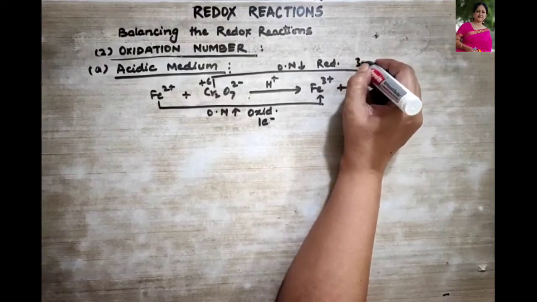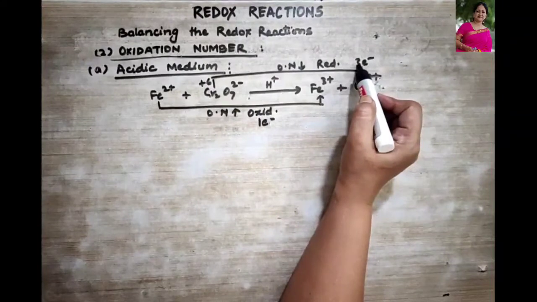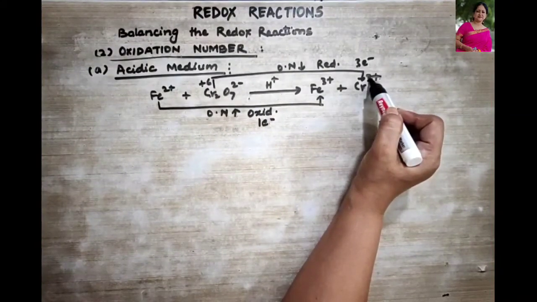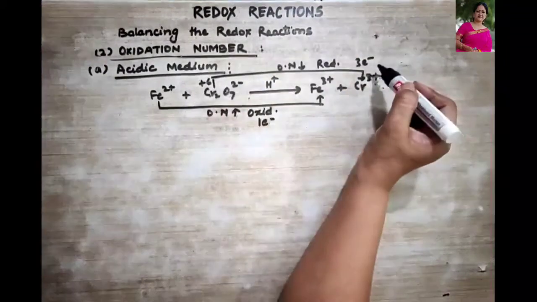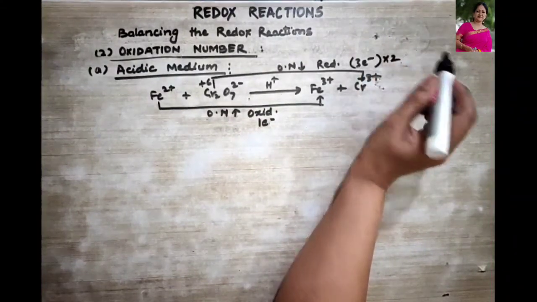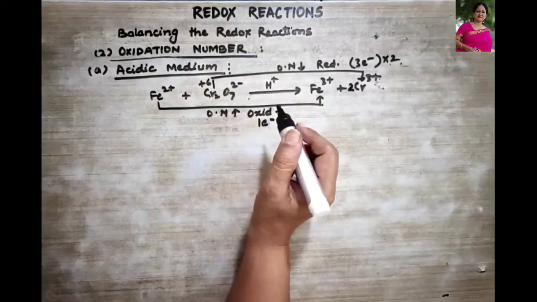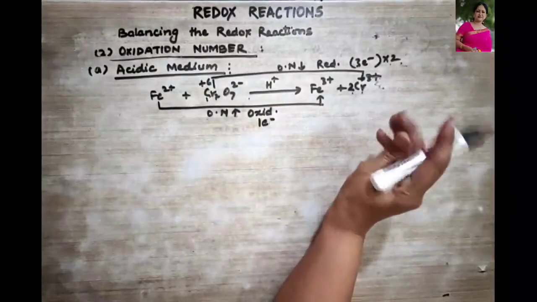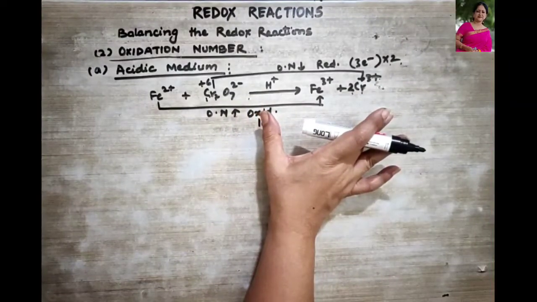One atom of chromium is adding 3 electrons to convert into chromium with oxidation number 3+. So 2 atoms of chromium are going to add how many? That means we multiply by 2 on this side. Now 2 chromium atoms, 2 chromium atoms. This is balanced. I hope this point is very clear to all of you.